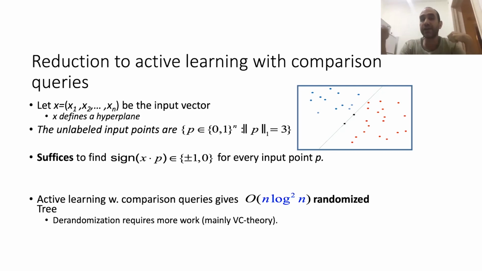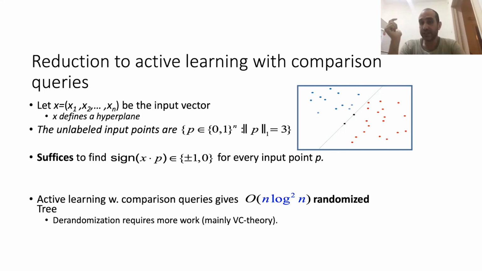Now the unlabeled input points are just all points on the Boolean cube with Hamming weight 3. So we have n choose 3 unlabeled points, so the size of the data set is n choose 3.